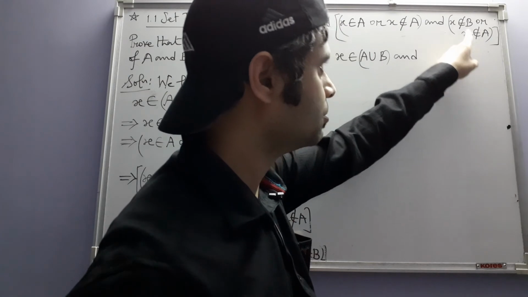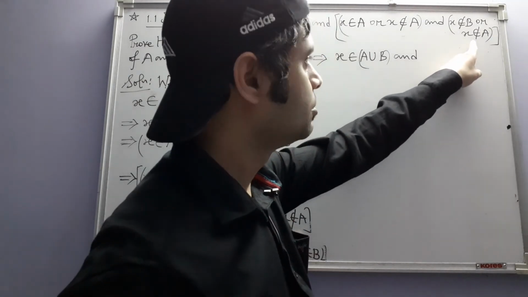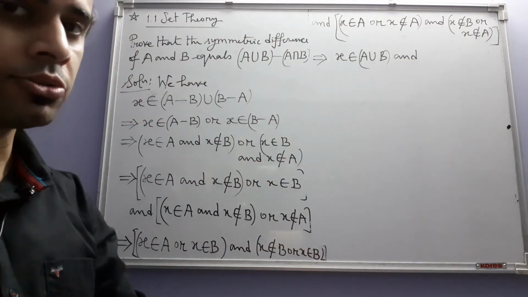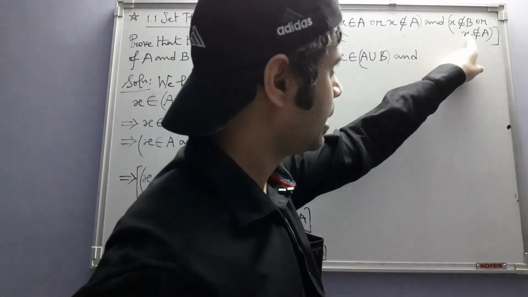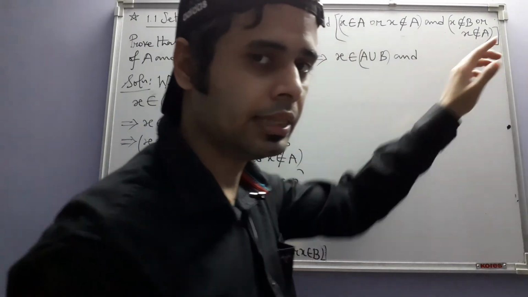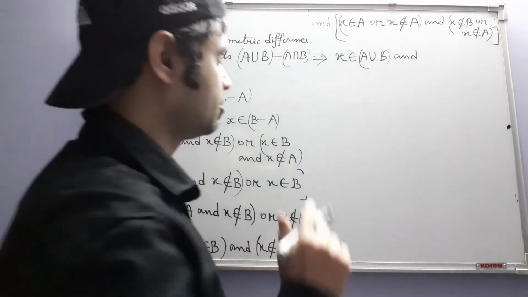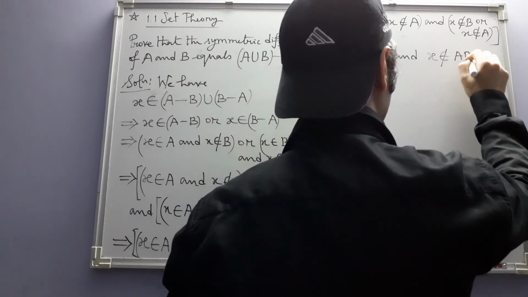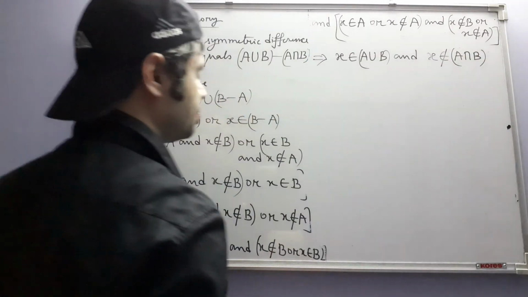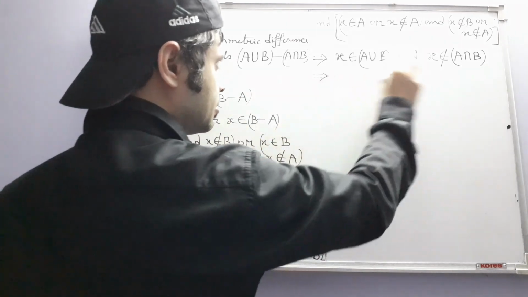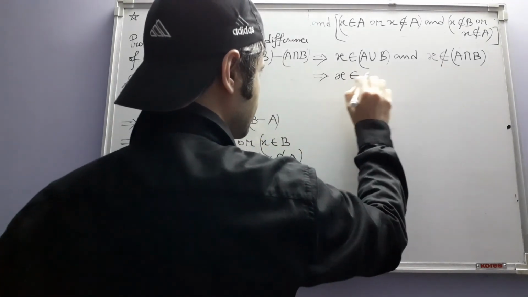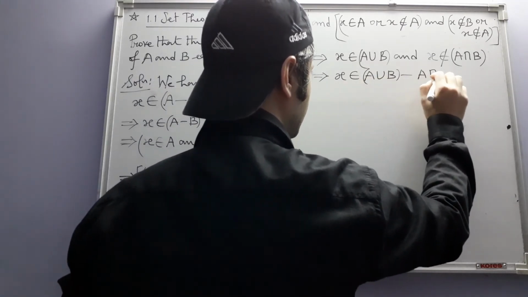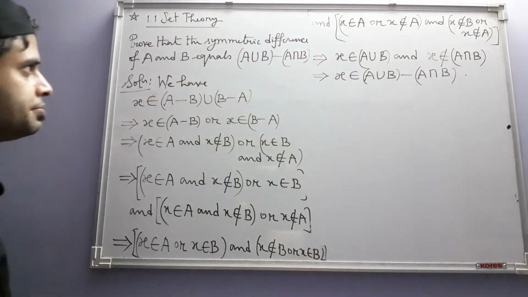So if x does not belong to B, then definitely x cannot belong to A intersection B. On the other hand, if x does not belong to A, then also x cannot belong to A intersection B. So this implies x does not belong to A intersection B. Finally, this conjunction implies x belongs to A union B minus A intersection B.